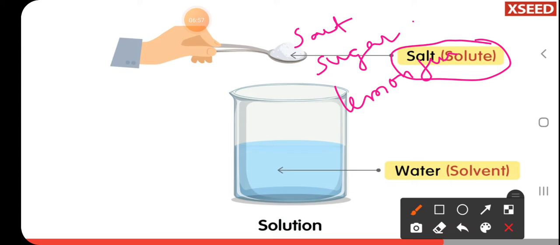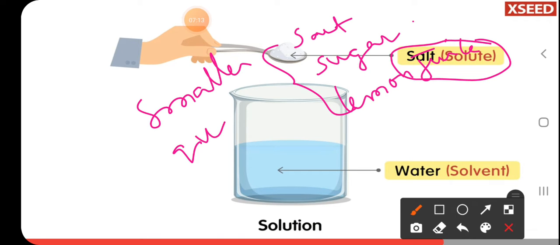These are solutes because they dissolve in something. When you observe these solutes, they are always taken in smaller quantities.